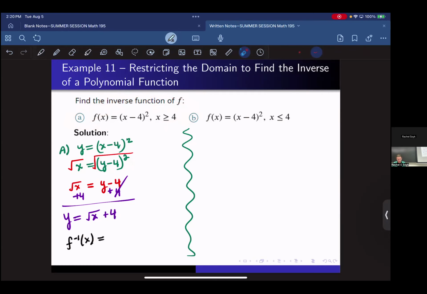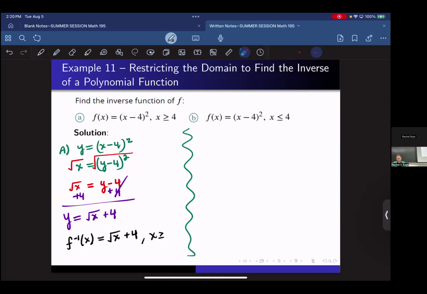f inverse of x is equal to the square root of x plus 4. And then we have here that x has to be greater than or equal to what?